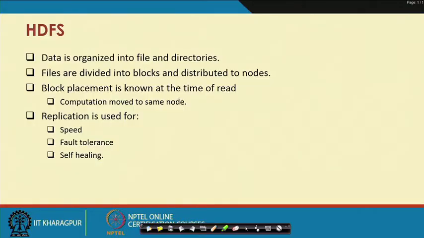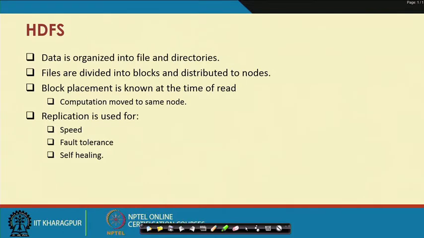This replication is useful, first of all, for speed of computation, because, for example, if a particular block is replicated across 3 different servers, we can schedule the computation close to one of those servers, and the chance of finding a free compute slot in one of the 3 servers is higher than if the data was only on one server.